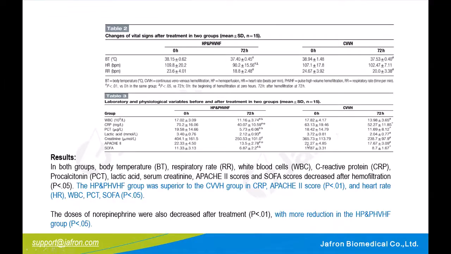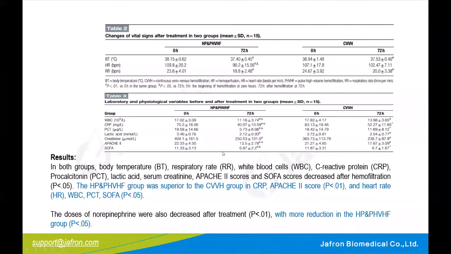The APACHE II was from 21 to 17. And also the same in the SOFA score, the reduction of the SOFA score is much larger compared with the CVVH group.